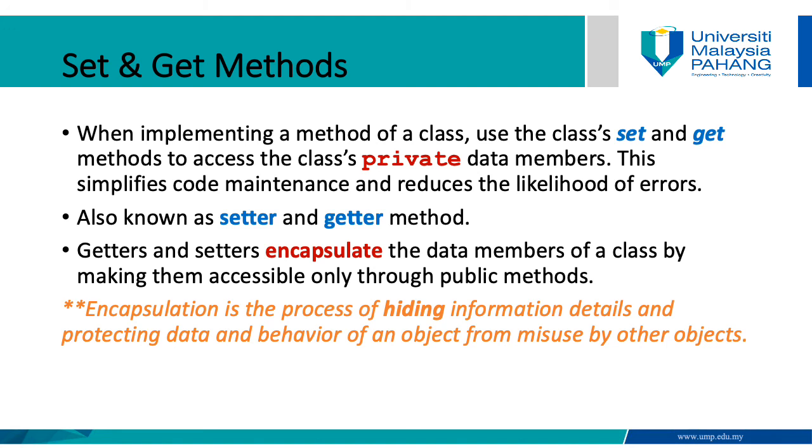And now let's learn about set and get methods. When implementing a method of a class, we will use sets and gets. Why? Because we want to access the class's private data members.